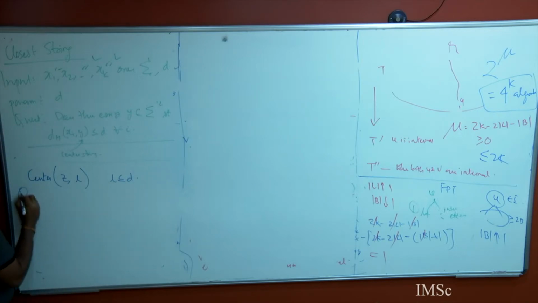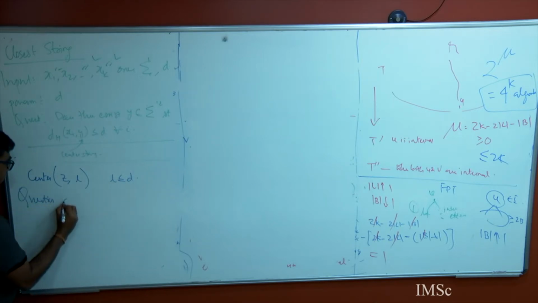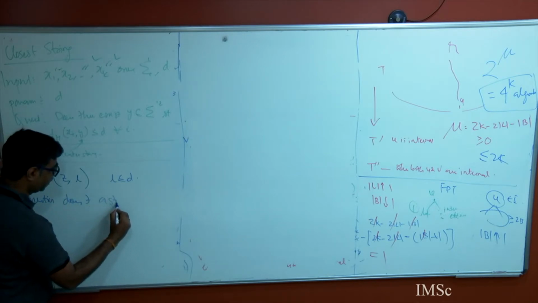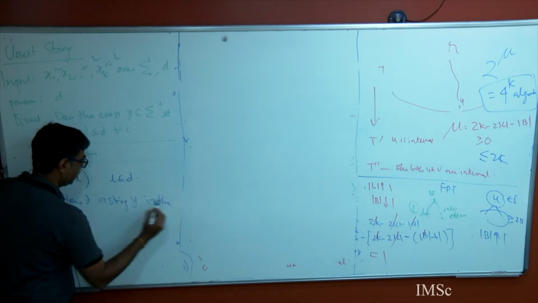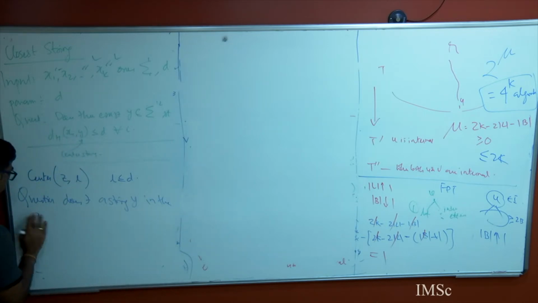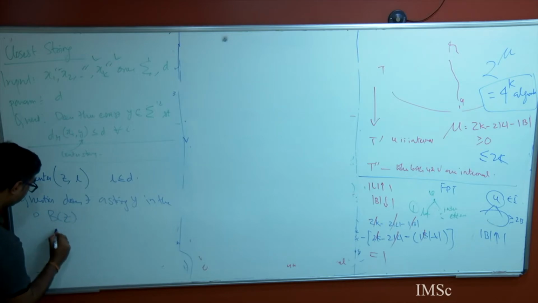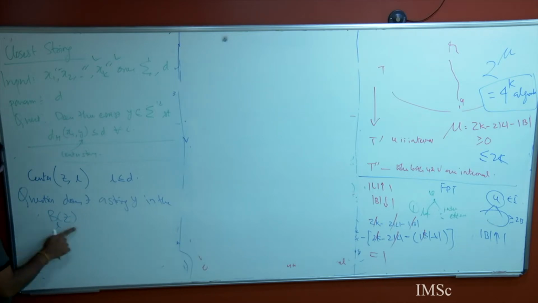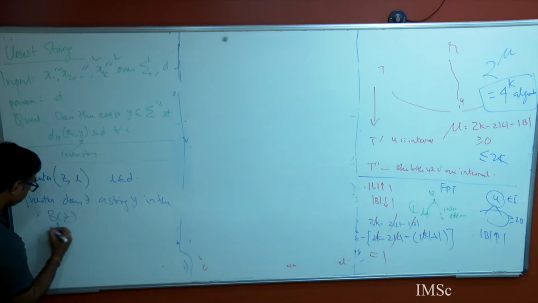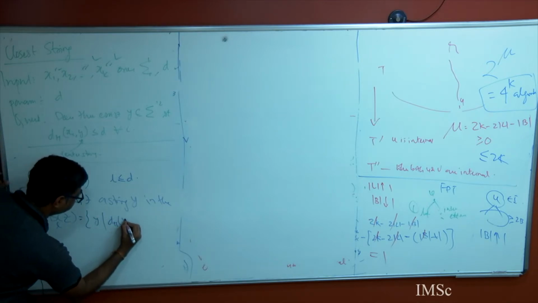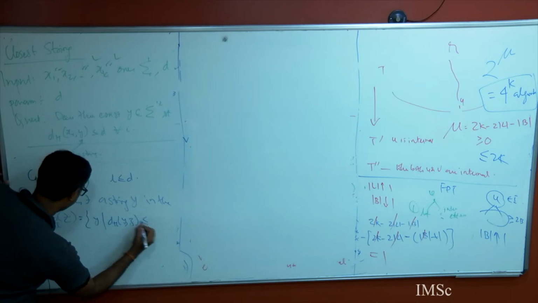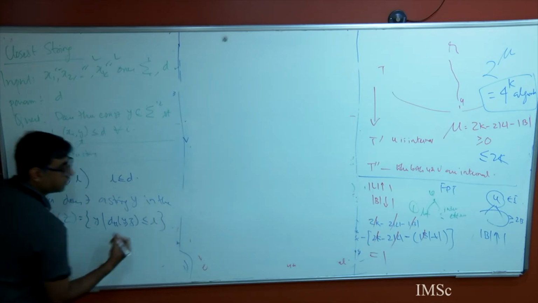And my question is, does there exist a string y in the L radius ball of Z, I will define what it means, such that the Hamming distance between y and Z is at most L?